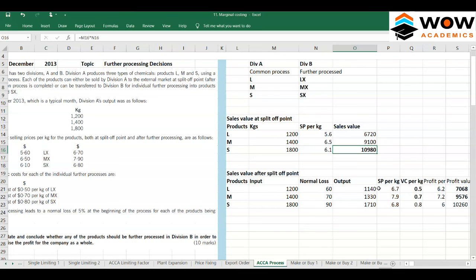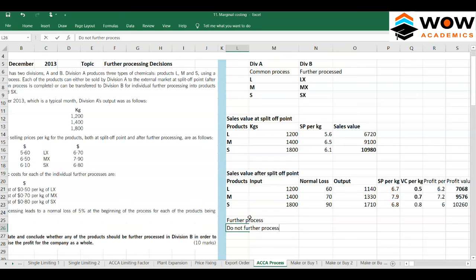So we can say further process and do not further process.